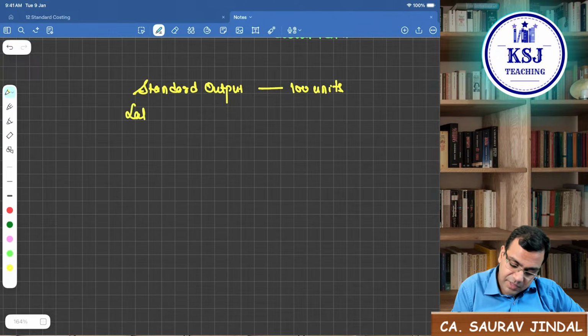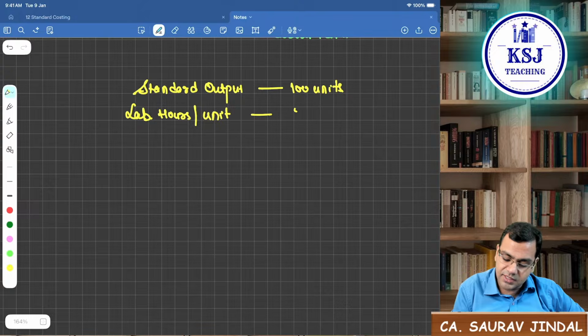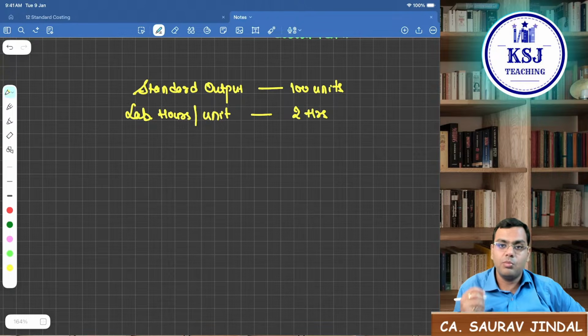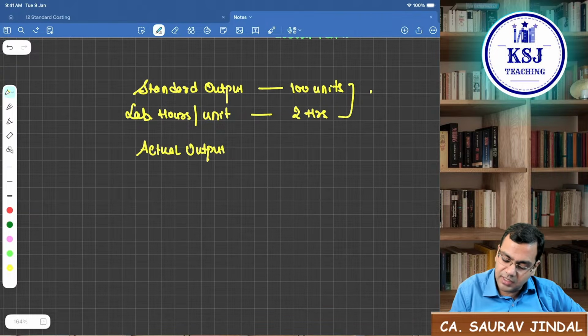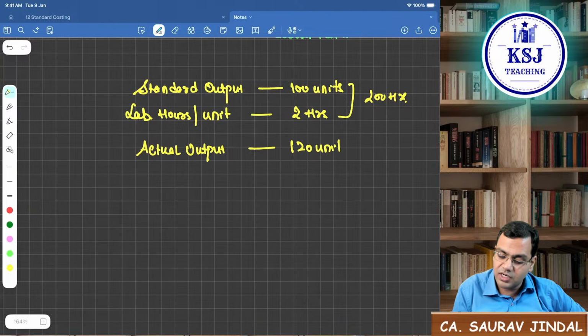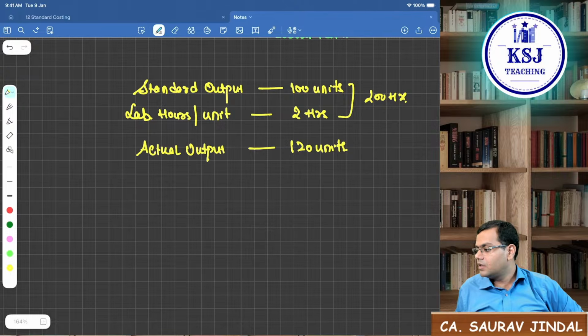Then labor hours per unit: for every 1 unit, the labor hours is, let's say, 2 hours to manufacture 1 unit. So the total labor hours here is 200 hours. Now, if your actual output is, let's say, 120 units, what will you do here?